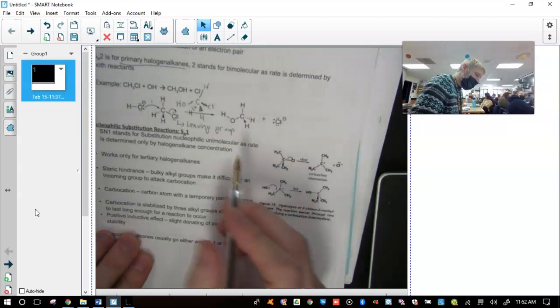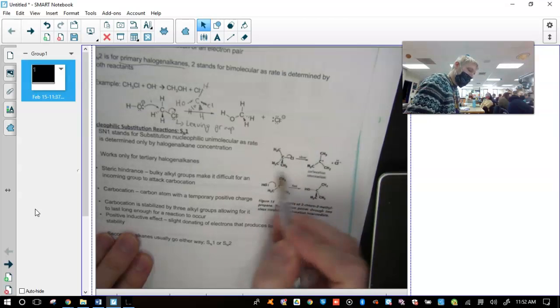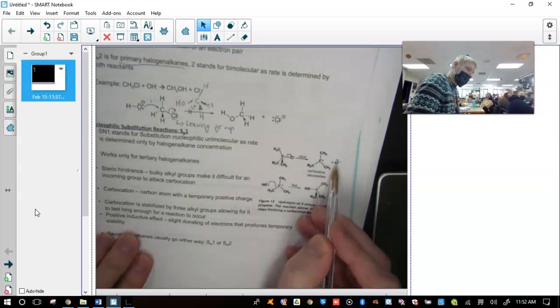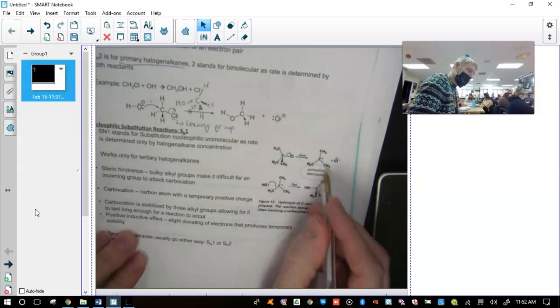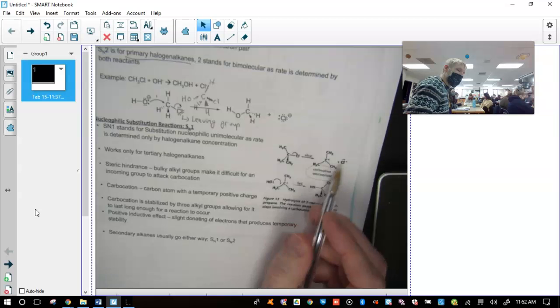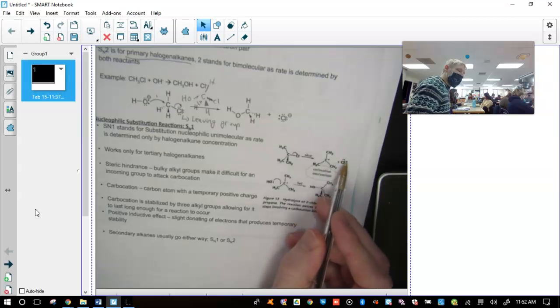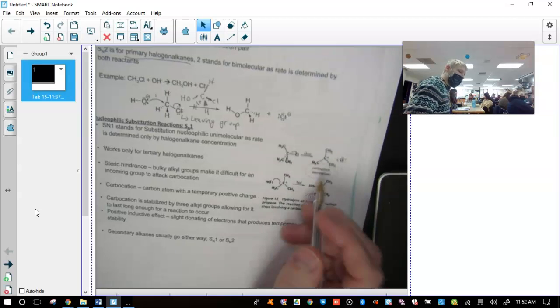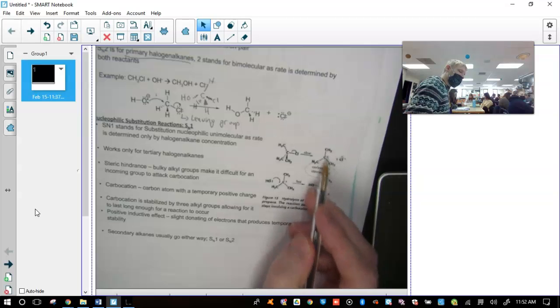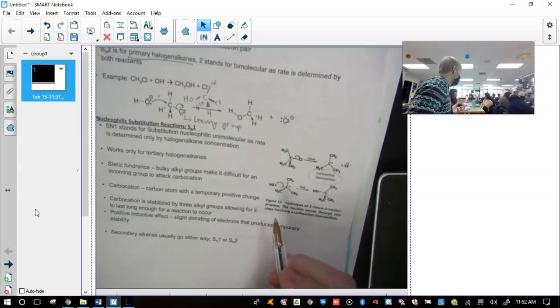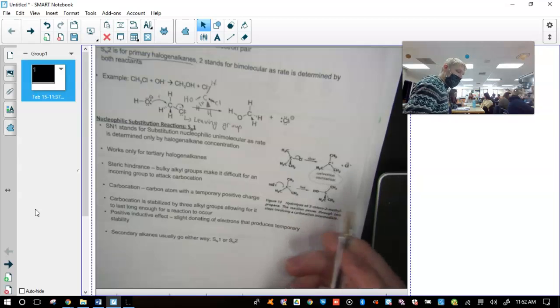All right, so what we've got right here: first step, the leaving group leaves, and you form a carbocation intermediate. That's what this is called. Carbocation intermediate, where chlorine is electron rich and off by itself, and then we've got this carbocation that now has a bonding site that's available.